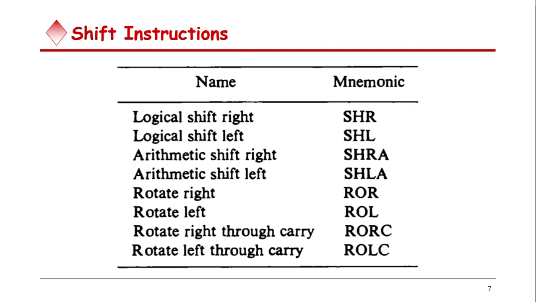The sign bit is shifted to the right together with the rest of the number, but the sign bit itself remains unchanged. This is a shift right operation with the end bit remaining the same. The arithmetic shift left instruction inserts 0 to the end position and is identical to the logical shift left instruction. For this reason, many computers do not provide a distinct arithmetic left shift instruction when the logical left shift instruction is already available.